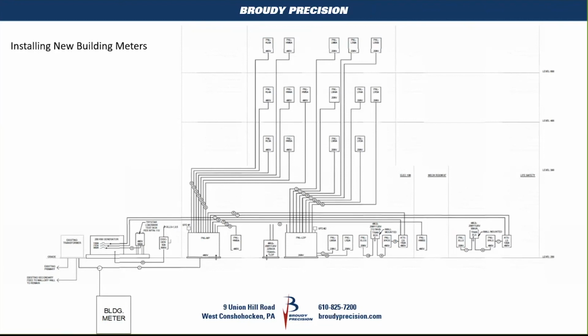This next slide here is a basic line diagram. Normally we don't see this in the building automation world. This is going to the electrician, but I pulled up an electrical line diagram for a building that we worked with a contractor on.